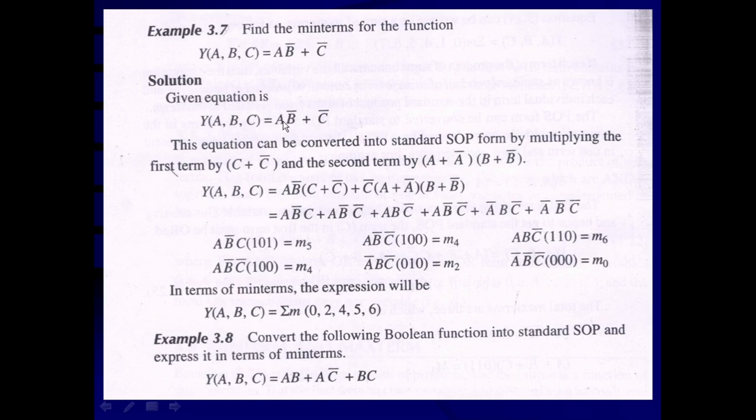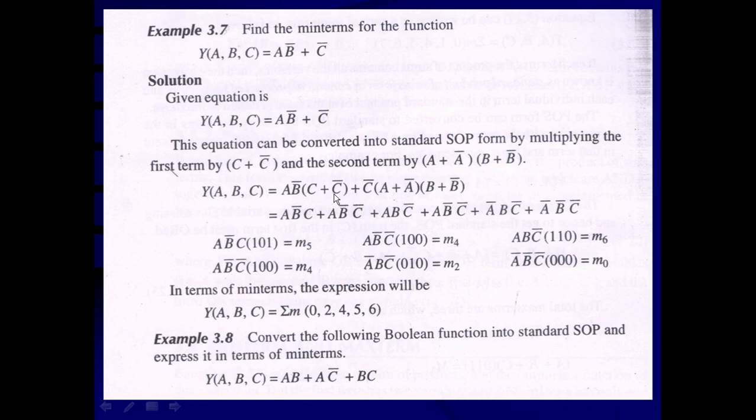Here the first term is missing the variable C and the second term is missing the variables A and B. This equation can be converted into the standard sum of product form by multiplying the first term. The missing term is C, so C plus C bar is going to be multiplied with the first term, AB bar.